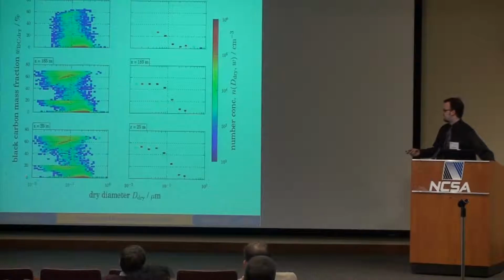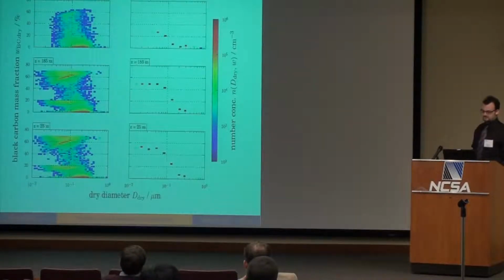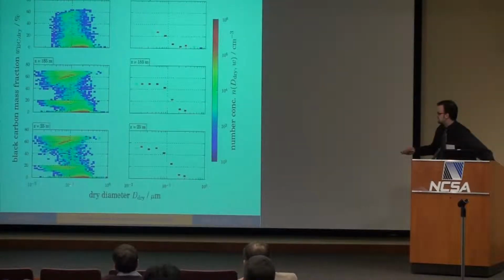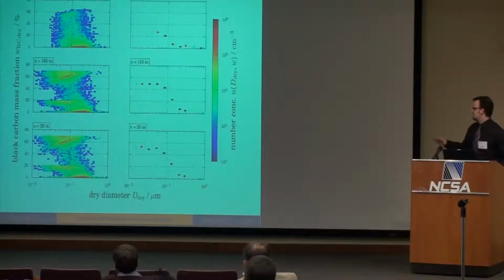And then on the bottom here we have the particle dry diameter. On the left I have 3 different vertical levels in my model, and we have lots of information. If we take a particle that's 10 to the minus 1 micrometers, we can see that we have many different compositions.